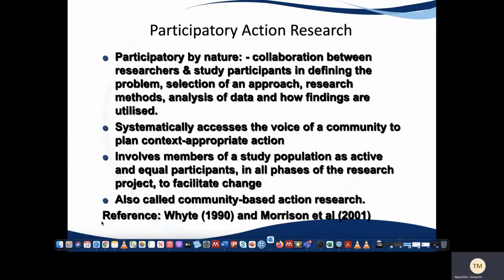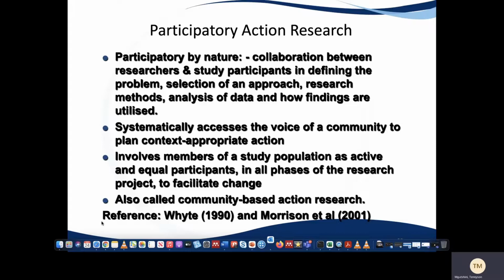So by nature, it really prioritizes collaboration between the researcher and those that the researcher is studying, and it uses that engagement between them to define the problem, to select an approach to understanding the problem, then select the research methods, the analysis of data, and how the findings will be utilized.